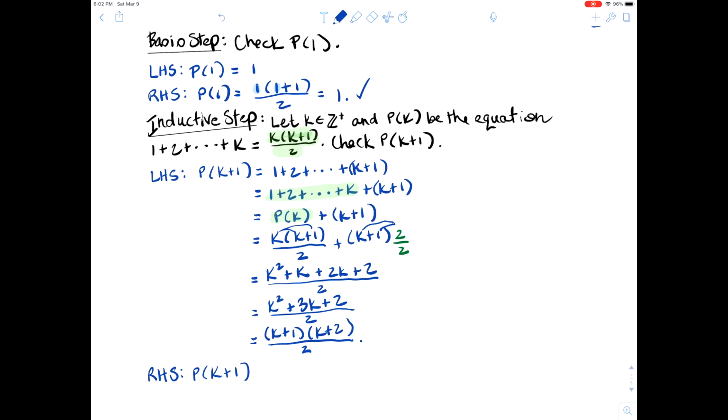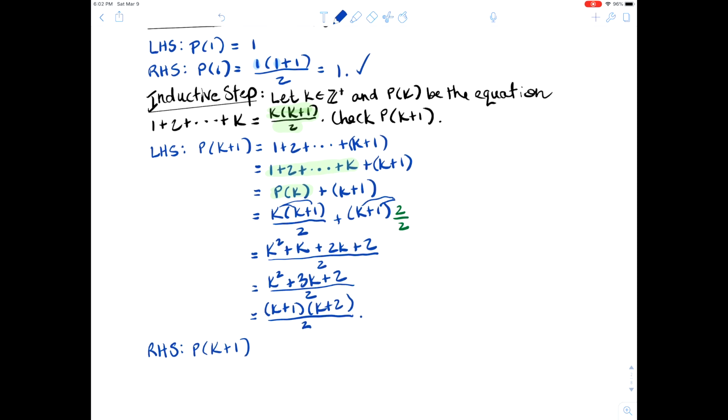Well, when we do P at K plus 1, we're going to get K plus 1 times K plus 1 all over 2. And I got that from this one over here.